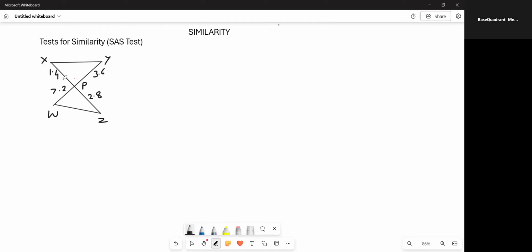Smaller side of the first triangle, which is 1.4. And for the second triangle, take the smaller side, that is 2.8. So what is the ratio?